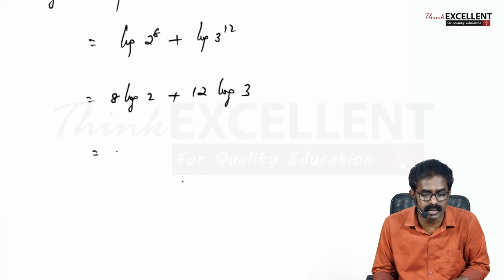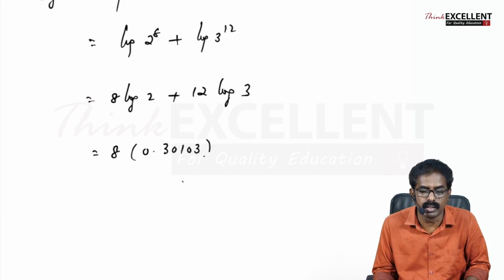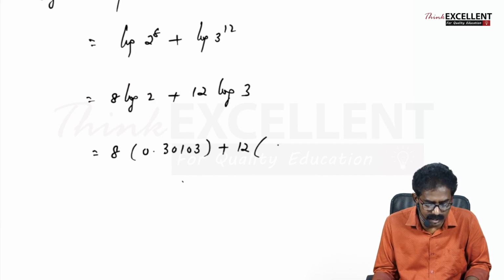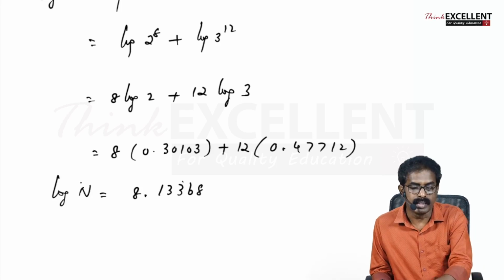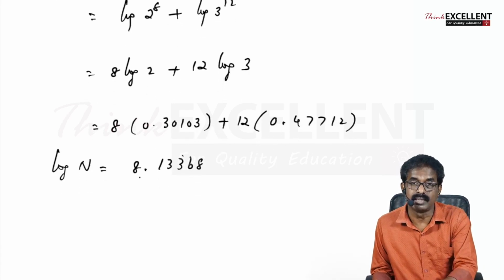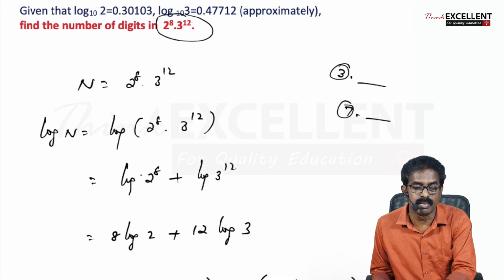So you can write it as 8 into the log 2 value 0.30103 plus 12 into the log 3 value 0.47712. The simplification part you try later. I'm just giving the value of log n. But here the characteristic is 8.